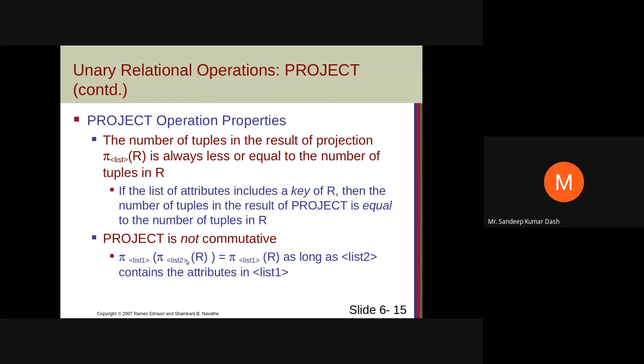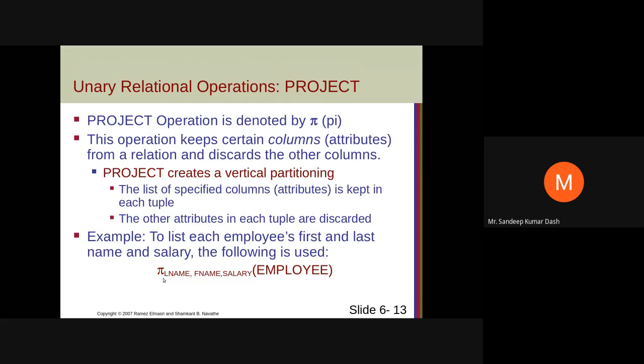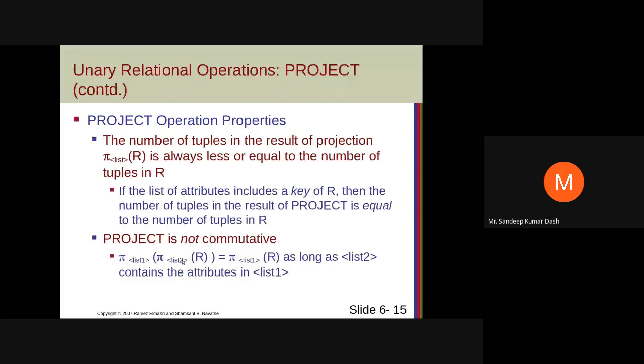Suppose list 2 contains two column names, and out of two column names you try to fetch four column names in list 1, that is not possible. But if list 2 has four column names, out of the resultant four column names you can get two. That's why this is not commutative.